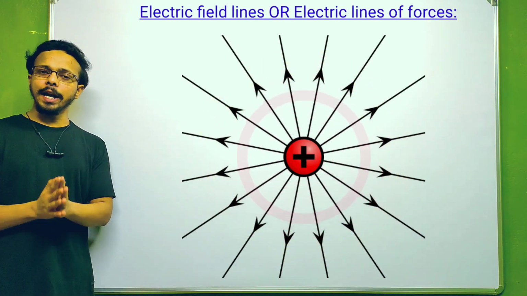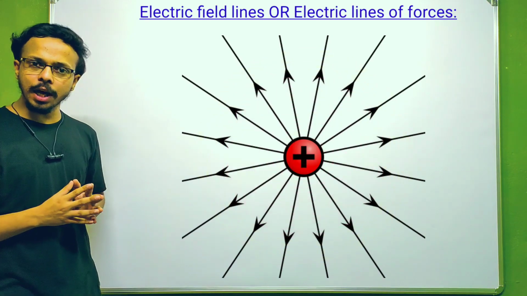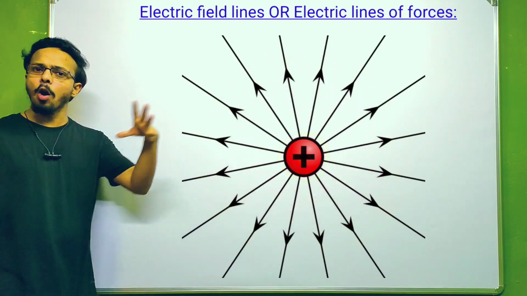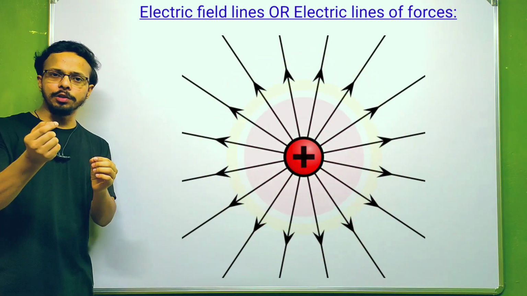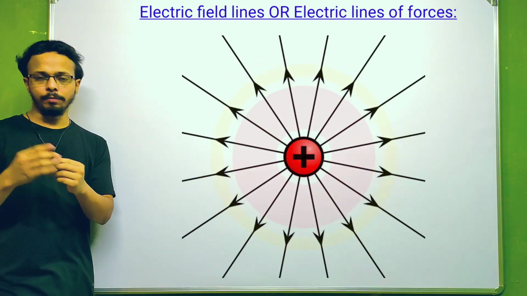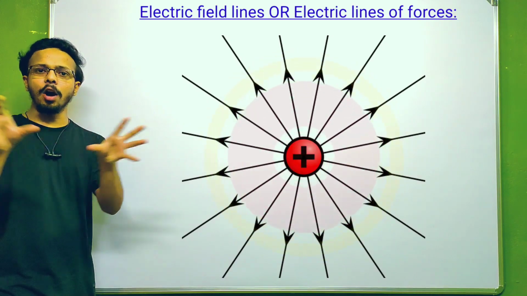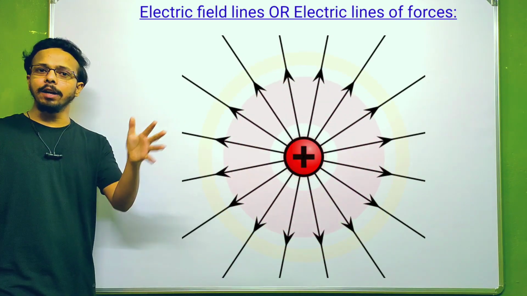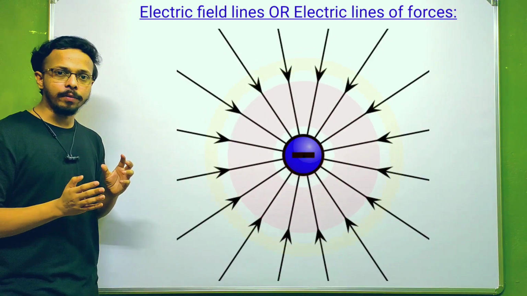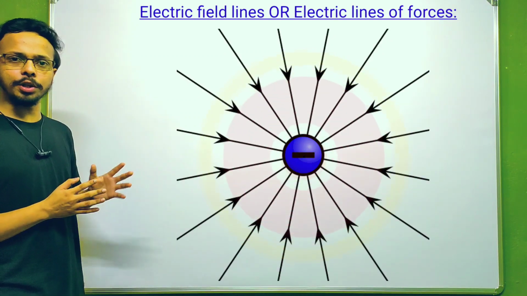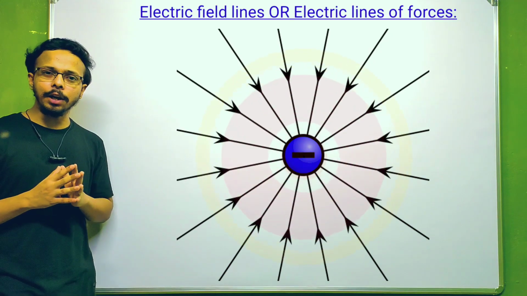So we got a clear idea that surrounding a positive charge, the electric field lines are radially outward. Why like this? Because if you bring a unit positive charge, it moves away due to the repulsion. Therefore we can draw the electric field lines radially outwards. Okay. Similarly, if you see a negative source charge, how can we draw the electric field lines?